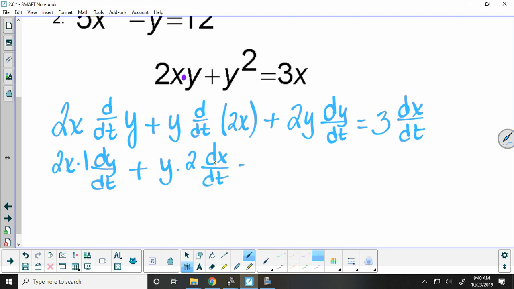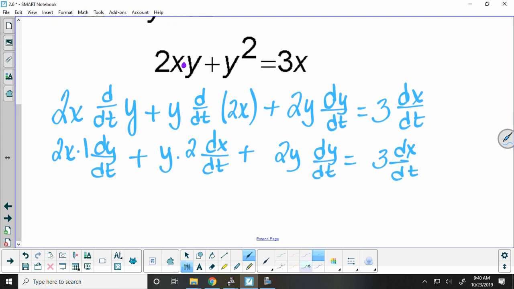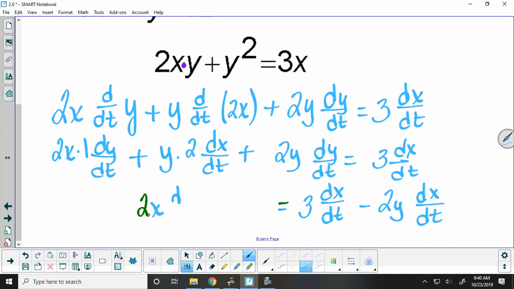Okay. So what I will ask you to do is to at least get the dy's on one side and the what? Dx's on one side. Is that fair? So I already have 3 dx over dt here. So I'm going to subtract 2y dx over dt because it's an x. In the meantime, I have a 2x dy over dt plus a 2y dy over dt.